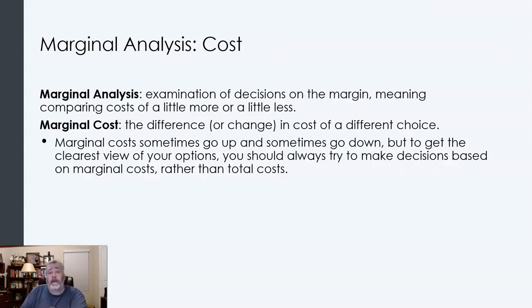All right. Now here we're talking about marginal analysis, right? This idea of examining, you're going to take a look at cost and benefit. Specifically, when we talk about marginal cost and marginal benefit, I know that they say the marginal cost is the difference or change in a cost of a different choice. Fair enough. Marginal implies something quite specific.